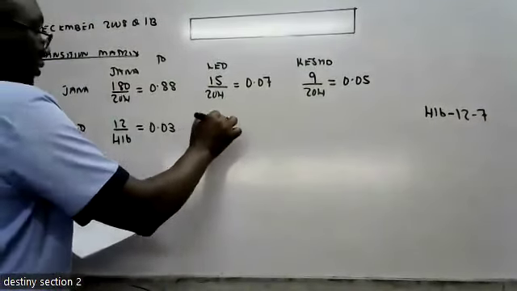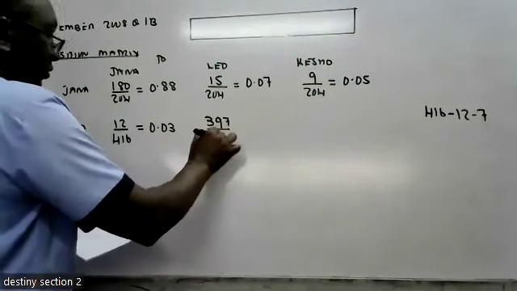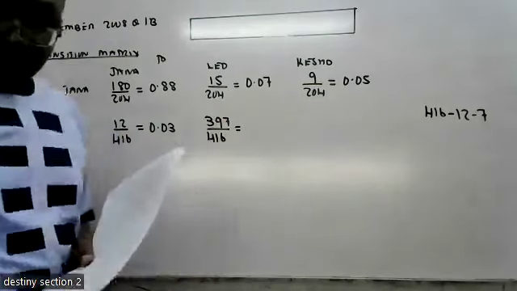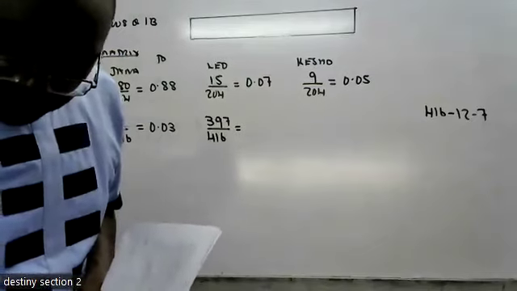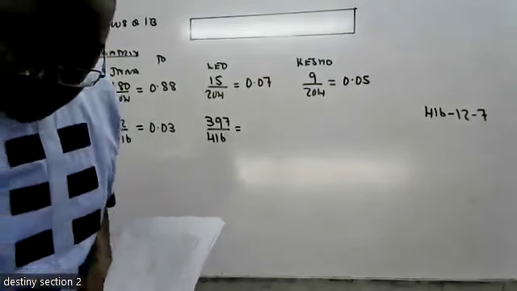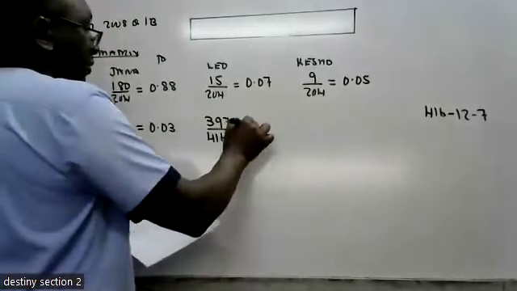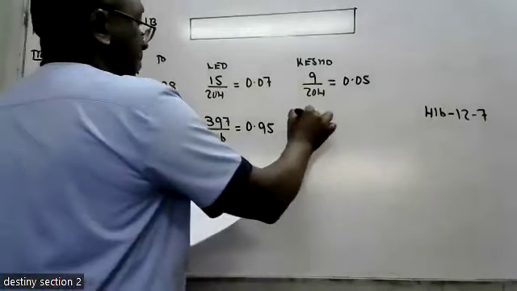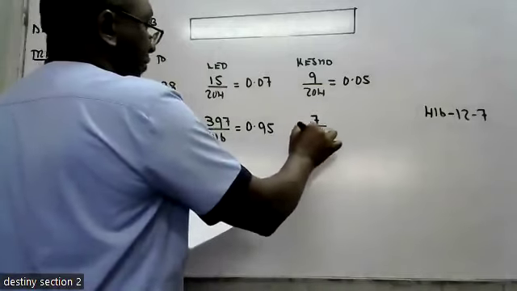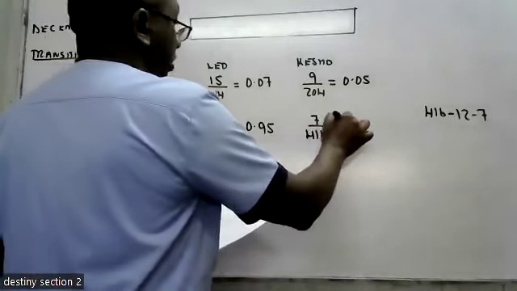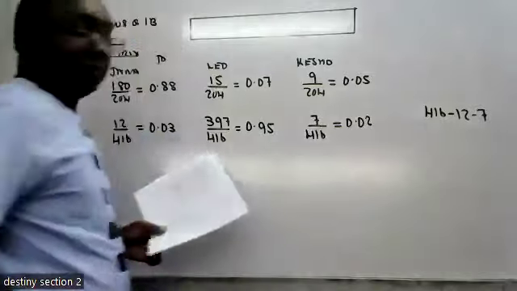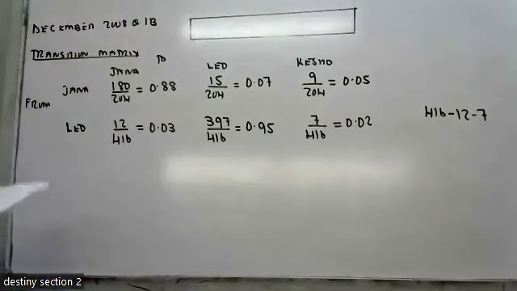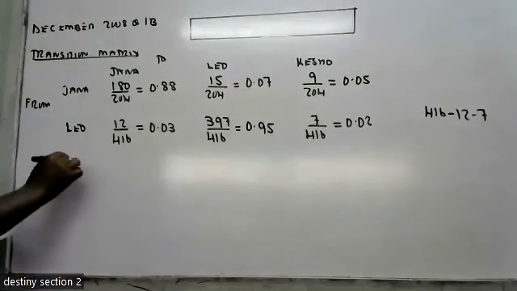So this 397, you divide by 416, you get 0.95. Alafu sasa ingine 7, when you divide by 416, it is 0.02.